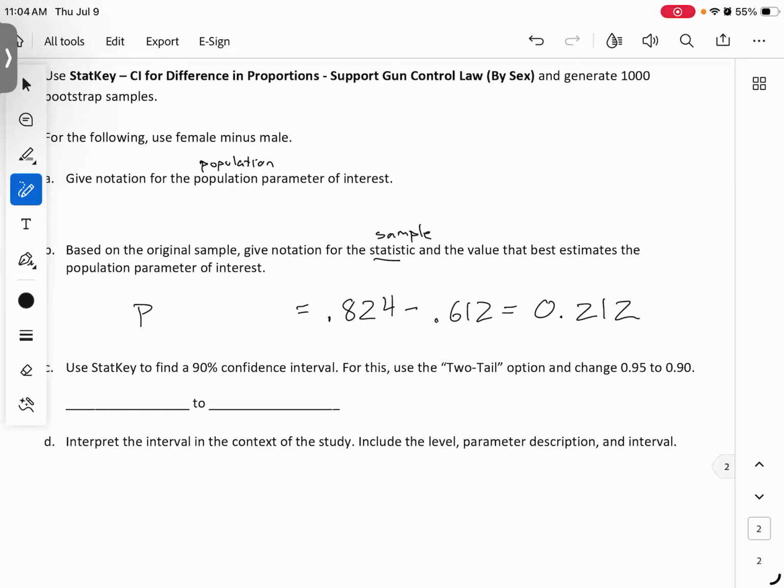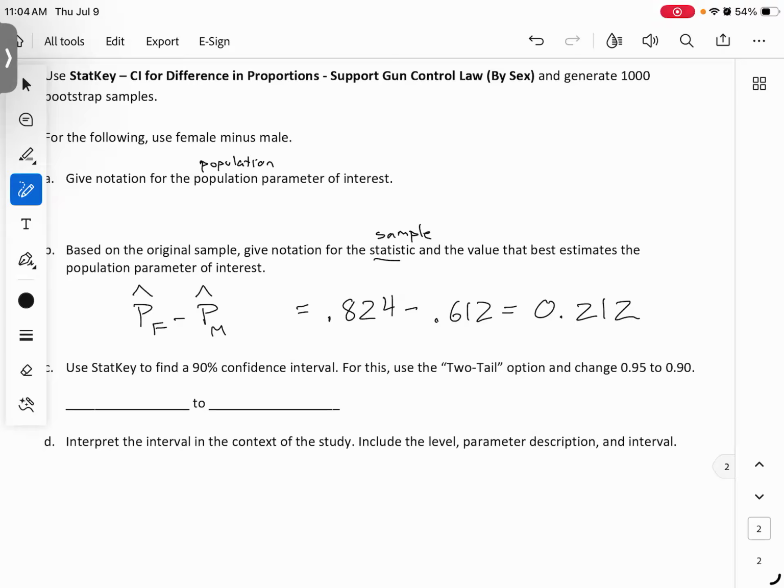Since we were doing two groups, we're going to need two proportions, and we can use F for female. That's the first group, the higher group, minus the proportion for the males. That's the second group. But because these were based off of samples, we would need to put the hats on here to indicate to our audience that these were sample proportions, or just based off of only some of the population.